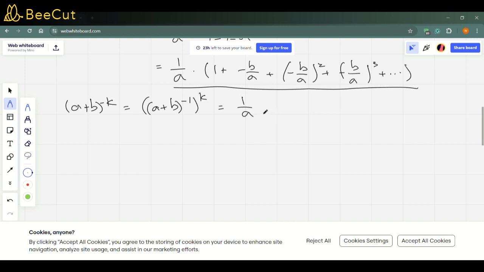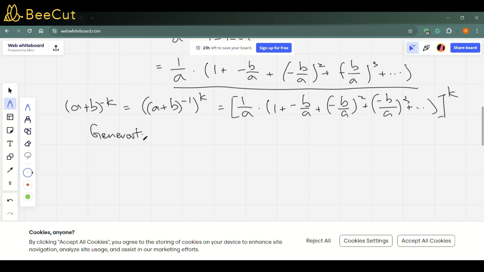So that's 1 over a times 1 plus negative b over a plus (negative b over a) squared plus (negative b over a) cubed, so on and so forth, to the power of k. Now, this is especially useful in something called a generating function. But that is a topic for another day.